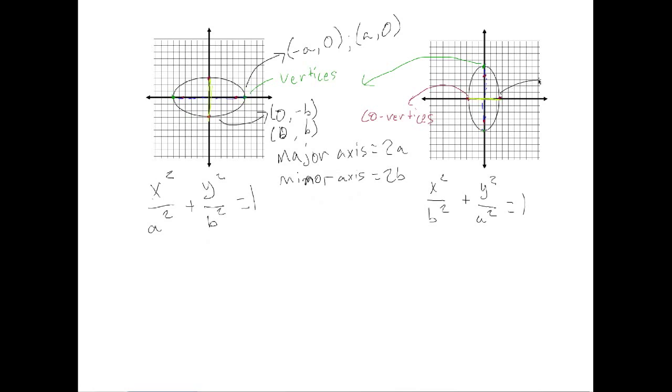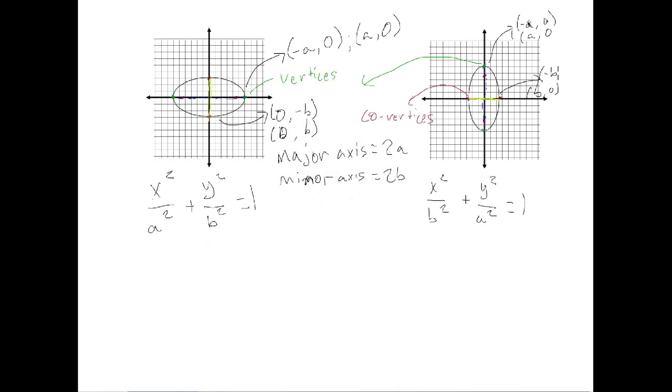Now, over here, your definitions are a little different. Here, your minor vertices will be negative b, 0, and b, 0. Your major vertices will be negative a, 0, and a, 0.